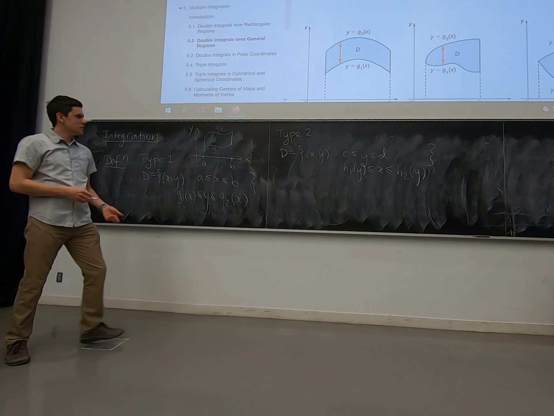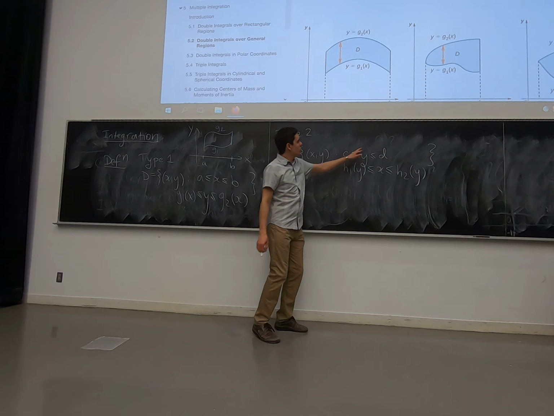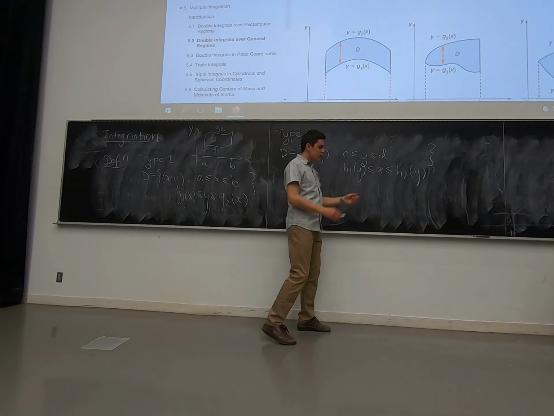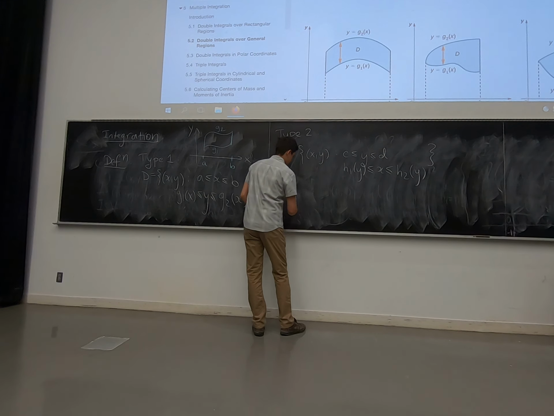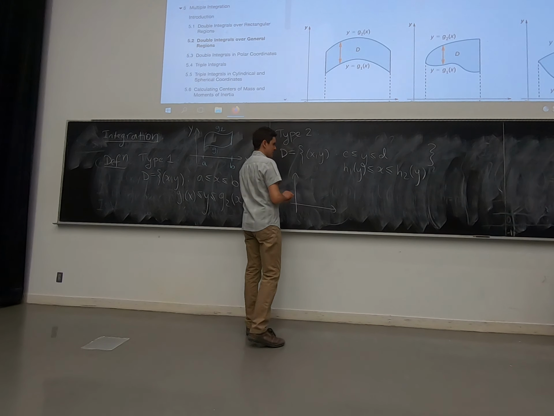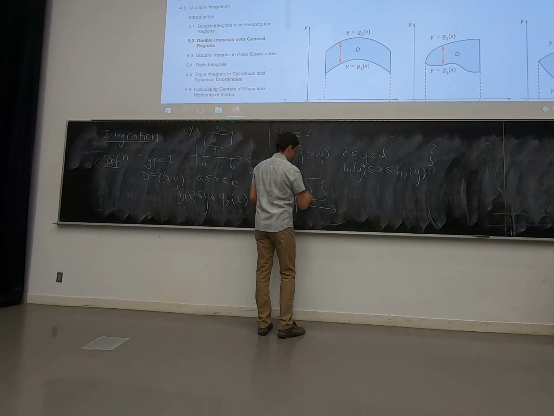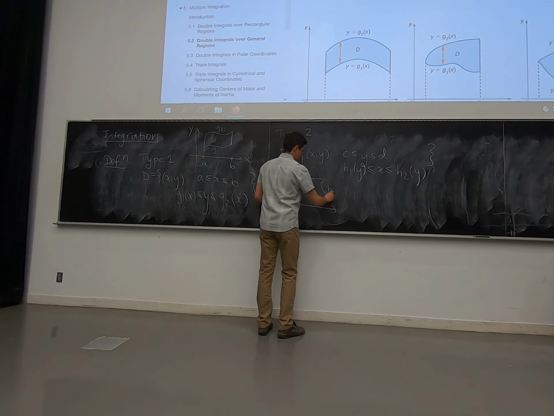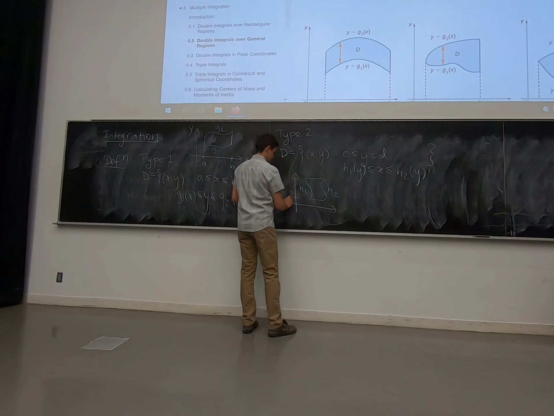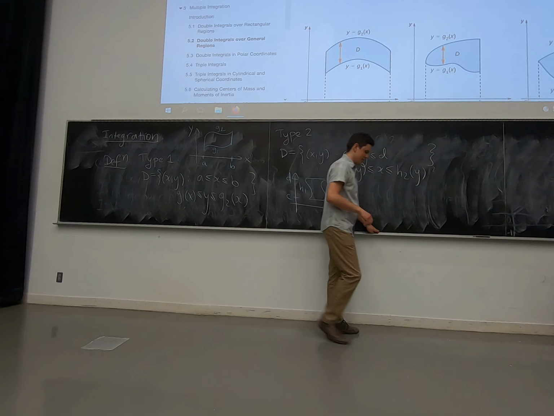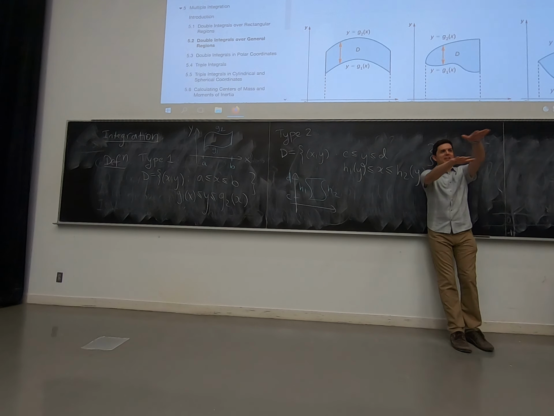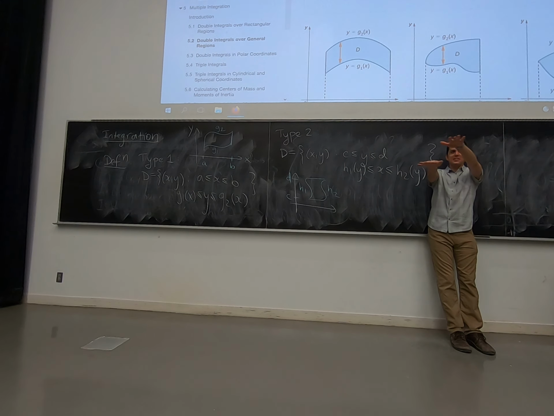So same kind of picture. We have bounds on one coordinate and functional bounds on the other coordinate. So now the hand gesture is type 2 region.